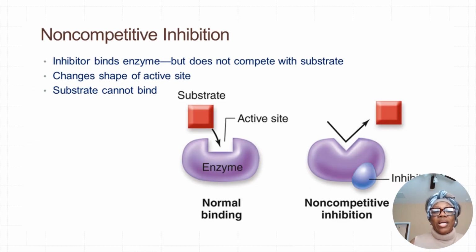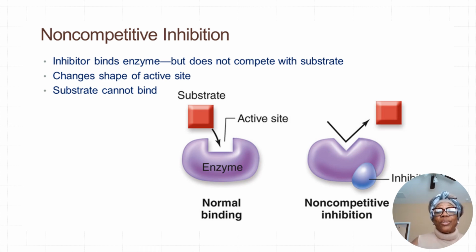So in the case of non-competitive inhibition, whatever the inhibitor is, it doesn't compete with the substrate because it does not bind in the same site that the substrate would normally bind. It doesn't bind in the active site. Instead, it will bind somewhere else.